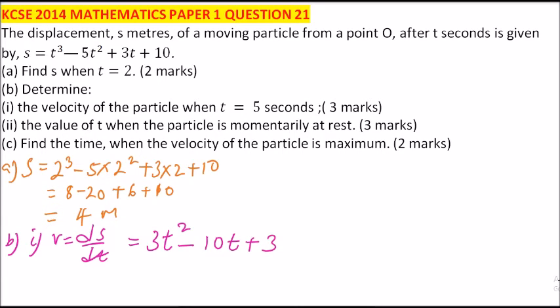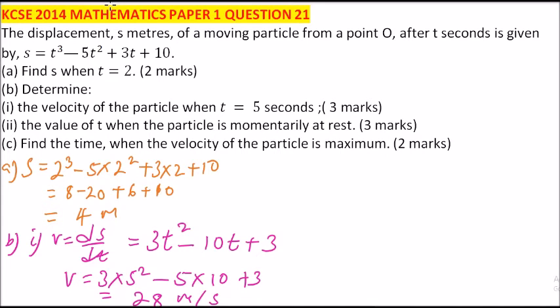So at t equal to 5, you just replace and you find v is equal to 3 times 5 squared minus 5 times 10 plus 3, and when you compute that, you should get 28 meters per second. So that is the velocity.